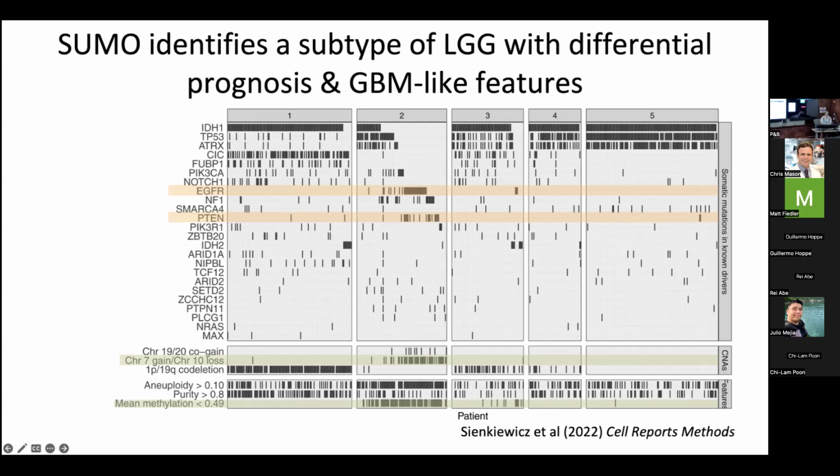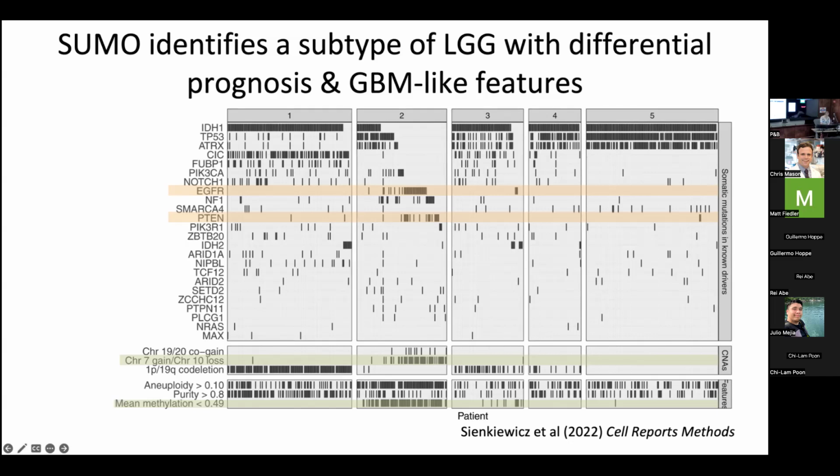This is not a fully novel result, because there's a consortium of pathologists called cIMPACT that, based on their own cases, had already seen that with a wider panel you see whole chromosome 7 gain and chromosome 10 loss, or one arm of the chromosome. But this is where the multi-omic integration came in to validate this, integratively.